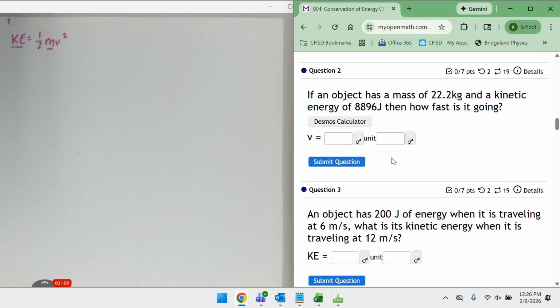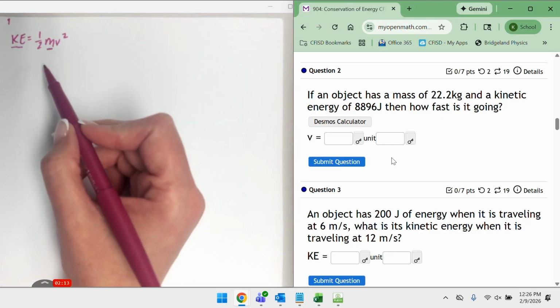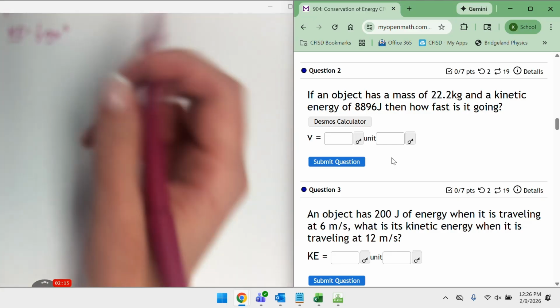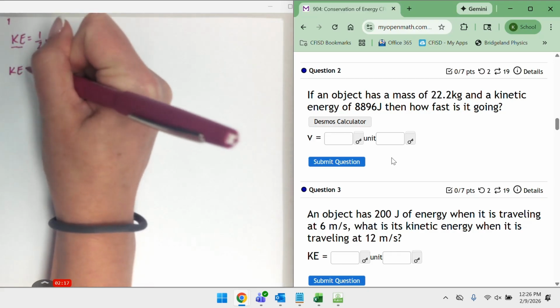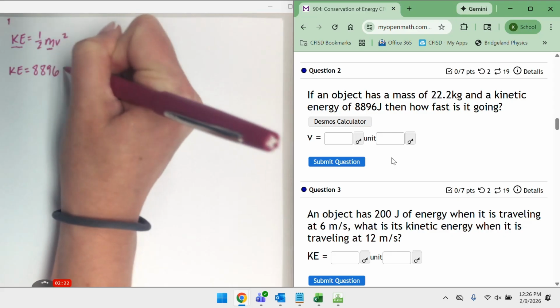Question 2 says, if an object has a mass of 22.2 kilograms and a kinetic energy of 8,896 joules, then how fast is it going? We're still going to be using this formula because they're giving us a kinetic energy. So they're giving us the amount of KE as 8,896 joules.